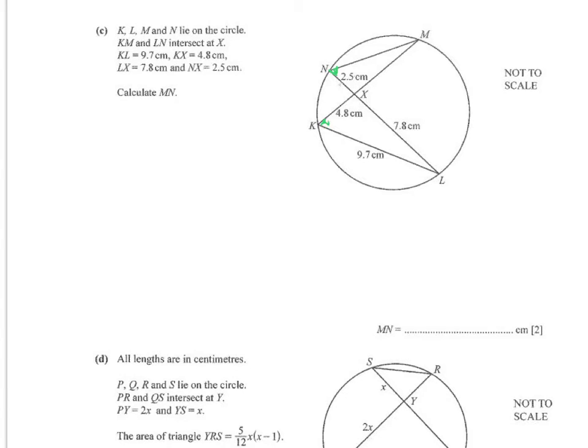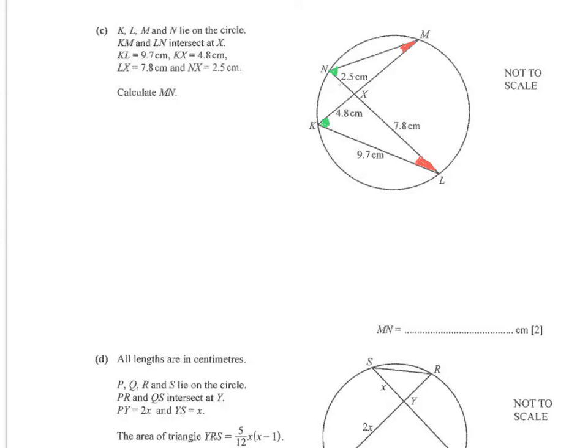They're angles in the same segment, so those two angles have to be equal. I don't know what they are, I just know they are. It's a circle theorem question, so that's probably going to be useful. And by the same logic, on the other side, NMK and NLK are angles in the same segment; both start at the same point, both go to the circumference, so those two angles must be equal.